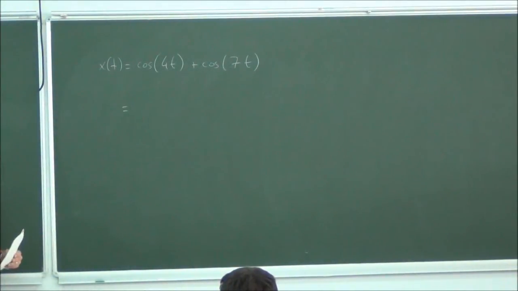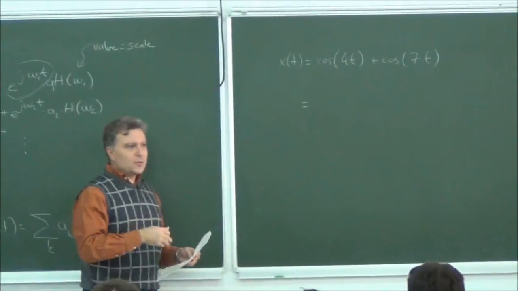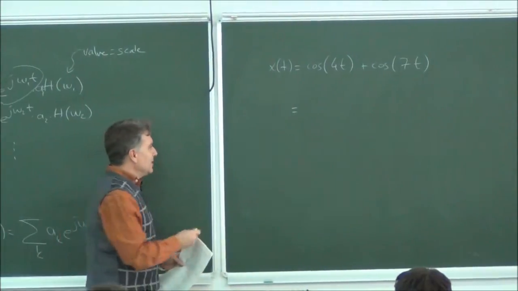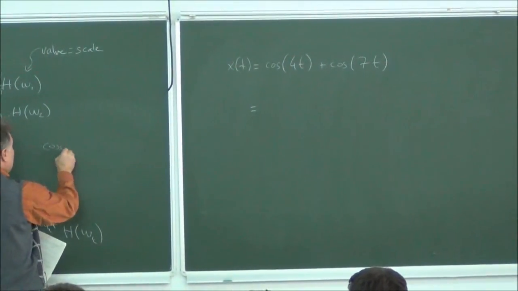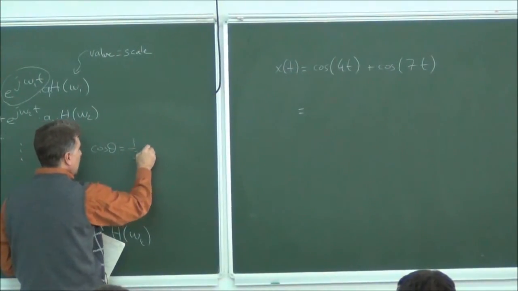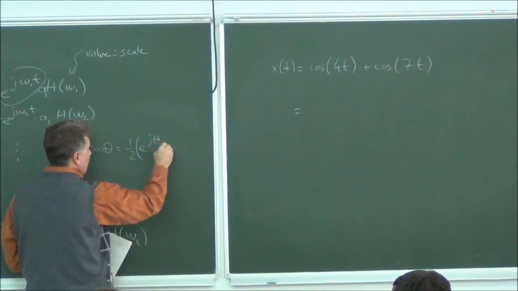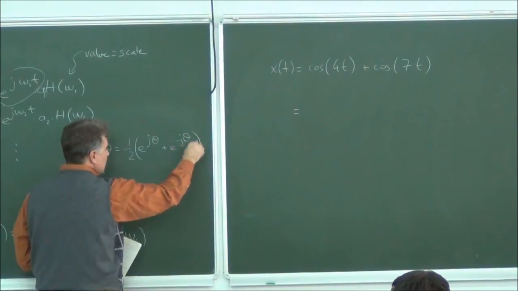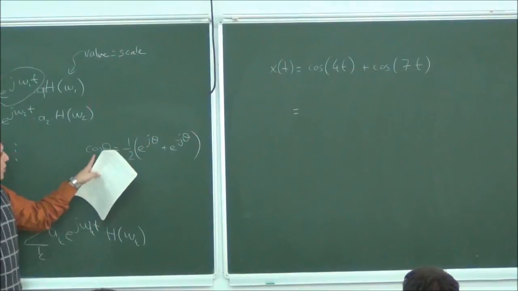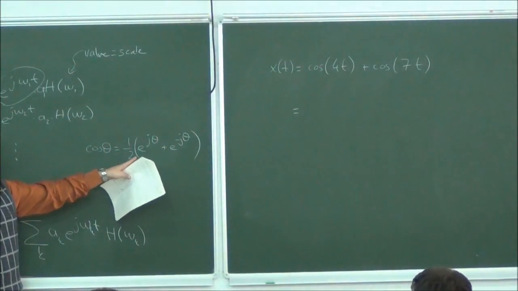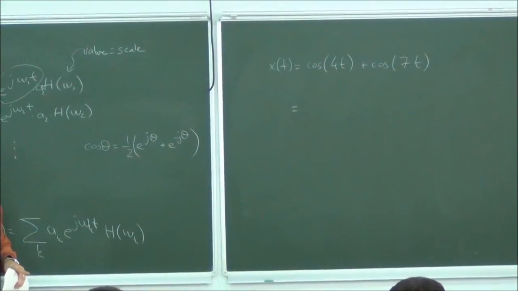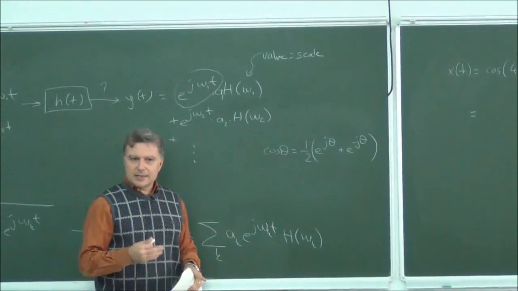Do you remember them? What's the cosine in terms of complex exponentials? What is cosine theta? It is this. These Euler's expansions, the formulas for such trigonometric expansions, I guess they will be available to you in the examination.